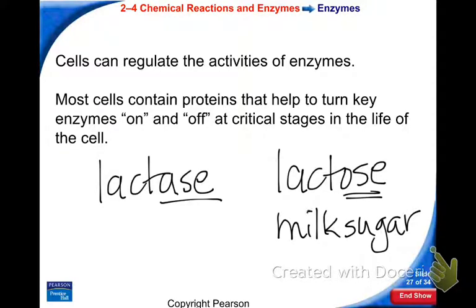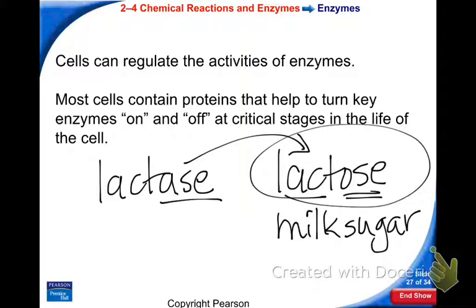It's a disaccharide, a double sugar. So if lactose is present, lactase is activated and it breaks down the lactose. If there's no lactose around, then lactase is inactive. It isn't doing anything because it's turned off. It cannot break down anything else but lactose.